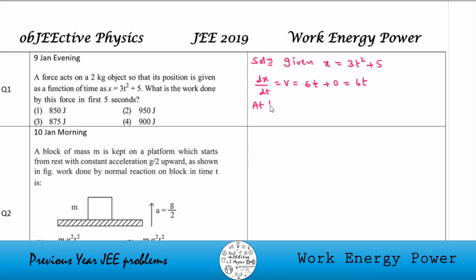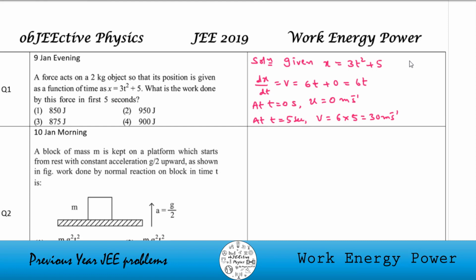At time t is equal to 0 seconds, initial velocity u is equal to 6 into 0, that is 0 meter per second. At time t is equal to 5 seconds, final velocity is equal to 6 into 5, that is 30 meter per second.